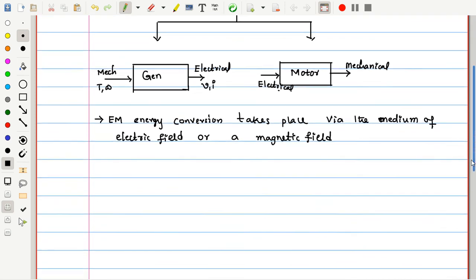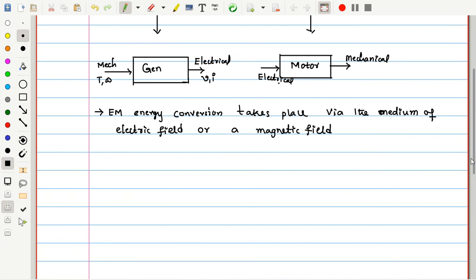So once you study the field concept, what is the difference between electric field and magnetic field? In an electric field, there are electric charge particles that, when separated, create these fields. Let us say positive charge plus Q and negative charge minus Q are separated, and the field lines will flow from positive to negative in this direction.